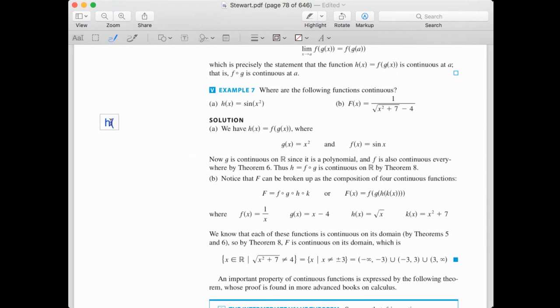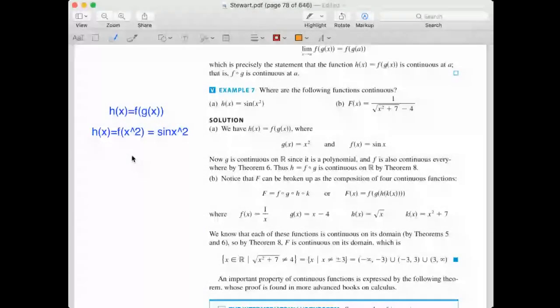So we say h of x equals f of g of x, a composition of two functions. How do we see that? Let's plug in: h of x equals f of, what's g of x? g of x is x squared, right? What is f of x? f assigns the sine to the input, so sine x squared.